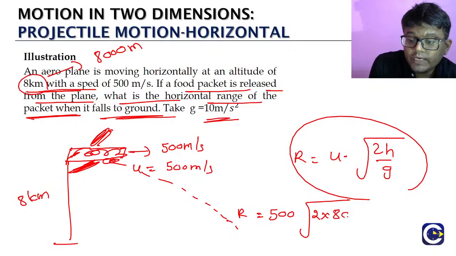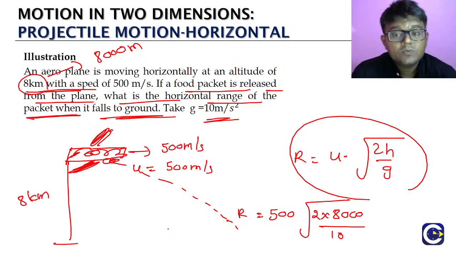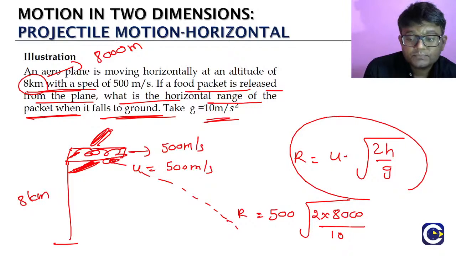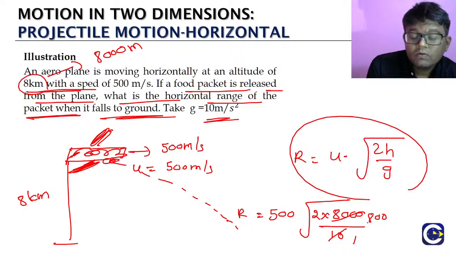So 2 into 8,000 by the denominator 10. 10 ones are 10, 800s. 2 into 800 is 1600. What is root 1600? 40. So 500 into 40 is 20,000.